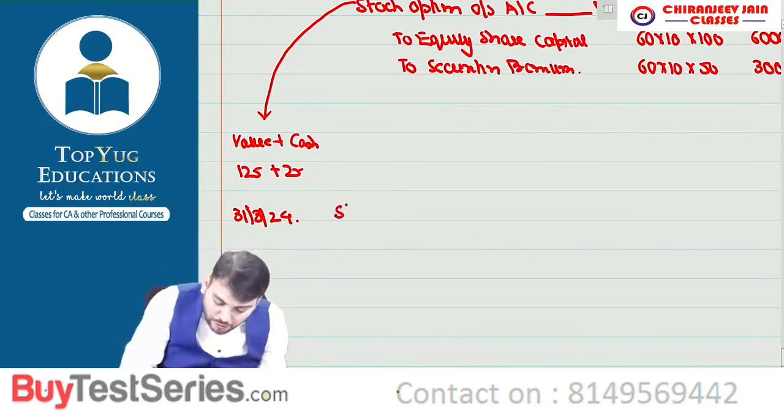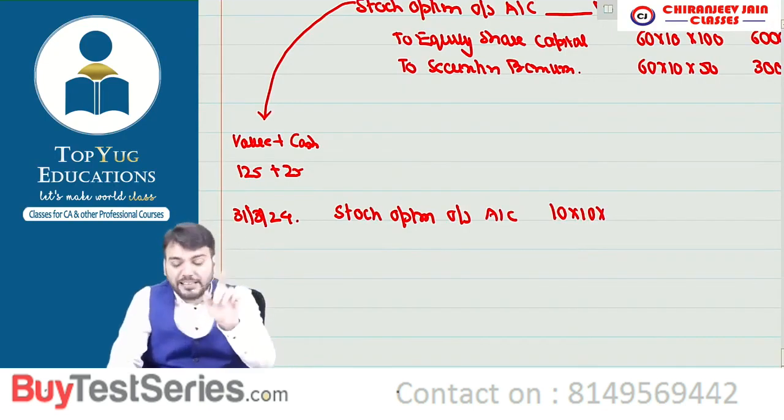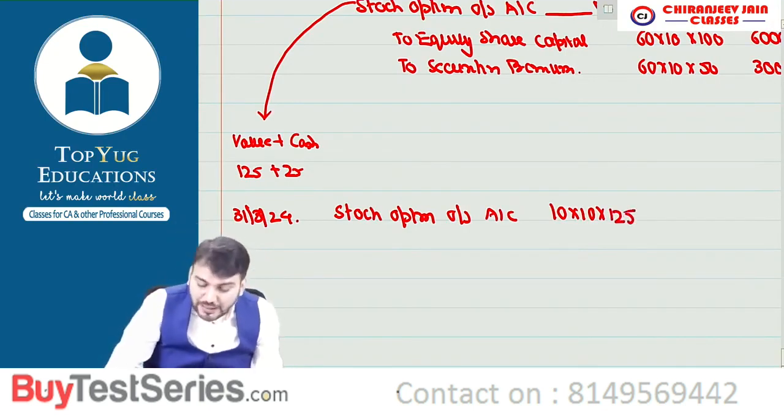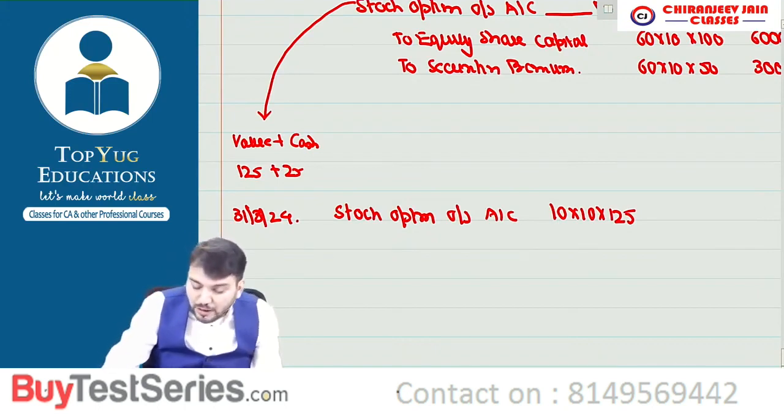31st March 2024, for vested option cancel. What journal entry? Stock option outstanding account will be debited for how many employees? 10 employees, 10 options, and how much have you already credited? That is 125. So 10 into 10 into 125 is equal to 12,500.